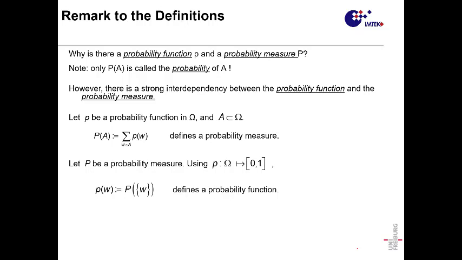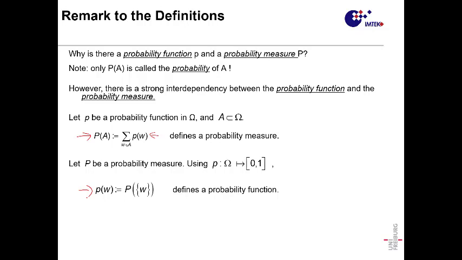Of course, there is a relationship between the probability function and the probability measure. The probability measure of a subset A is equal to the summation of the probability function of each element of A. And the other way around, the probability function of an element of A is the probability measure of that particular element of A. It's as simple as that.